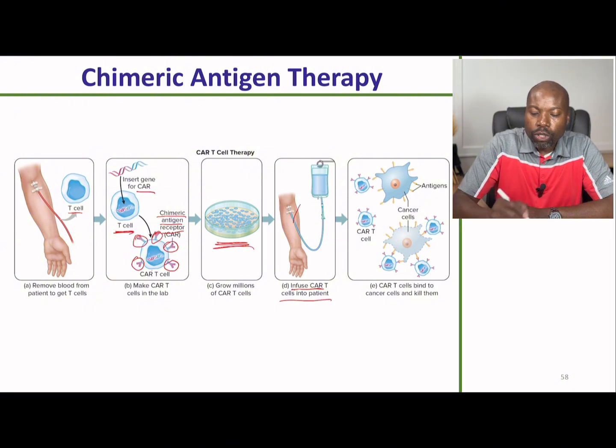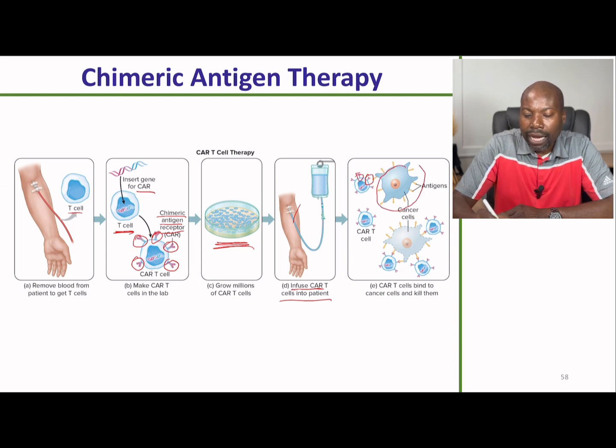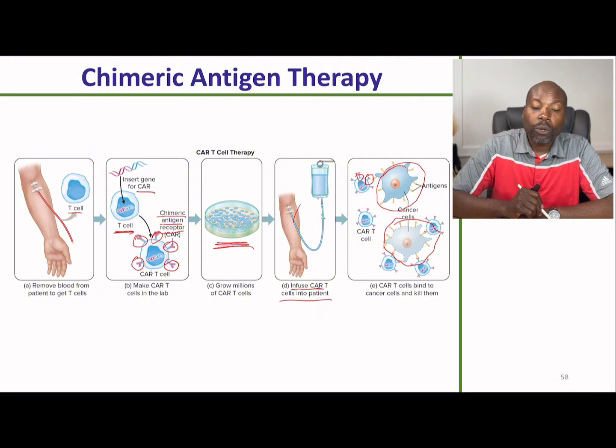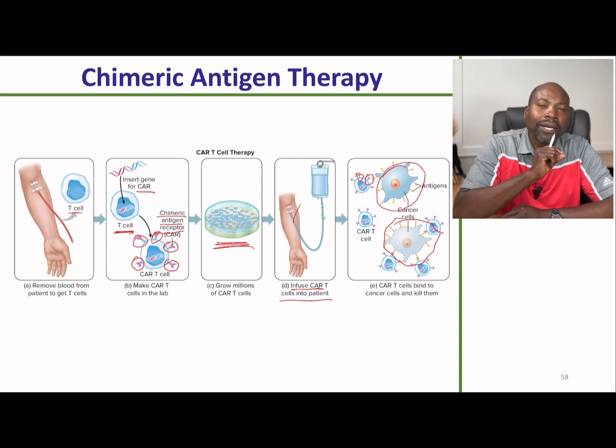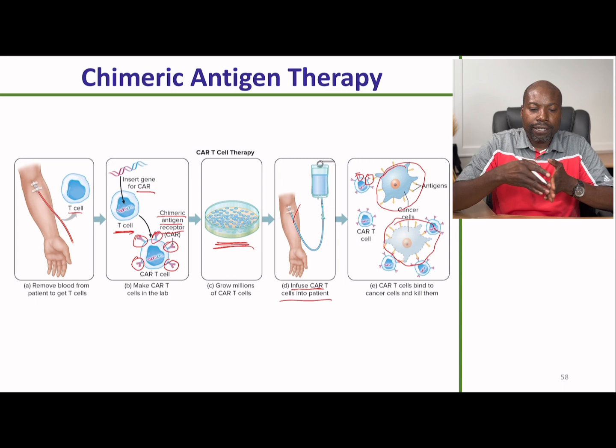So as the cells go in, the cells with the receptors are now going to recognize cancer cells, and by targeting cancer cells, the cells are going to die. So this is an example of chimeric antigen therapy. The good thing about that chimeric antigen therapy is that it's very targeted, right?